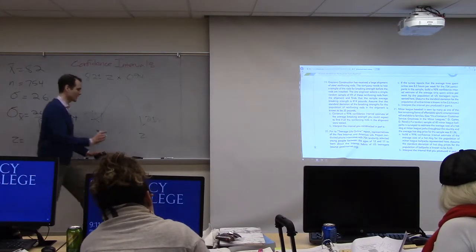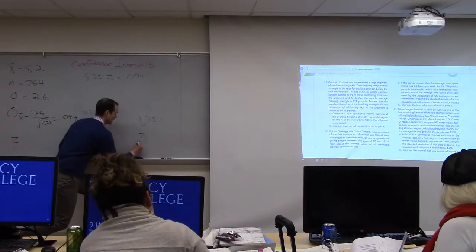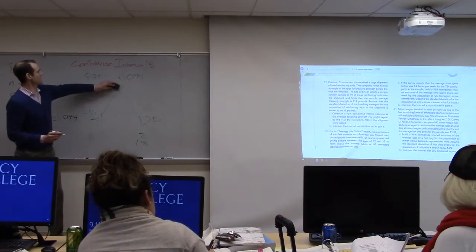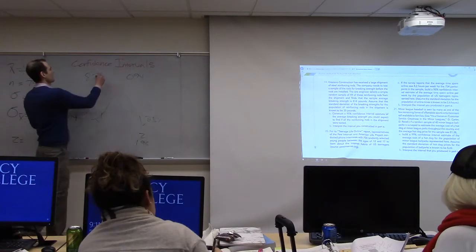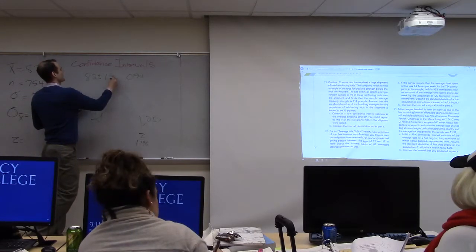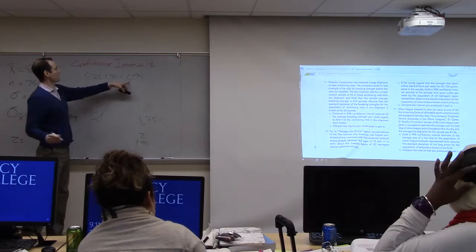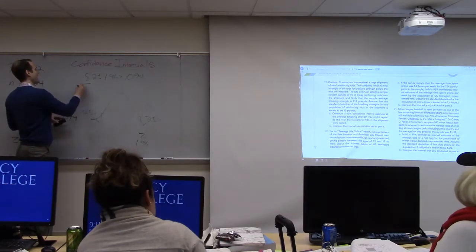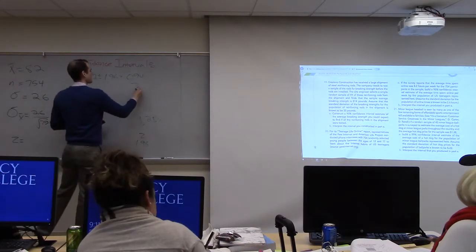What is this z-score? 1.96. 1.96. Perfect. Alright, so we're going to erase this, and we're going to put in 1.96 times 0.094, and we're going to do the math to calculate that for our confidence interval.